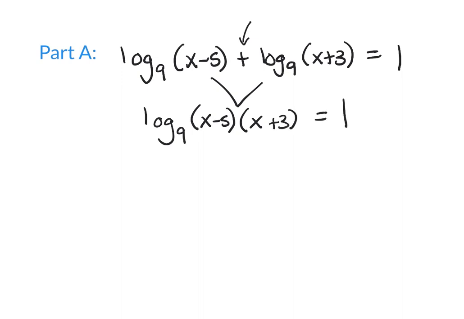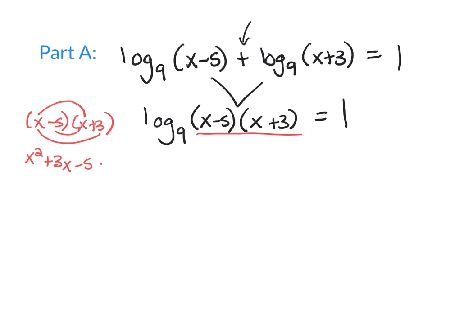All right, so what comes to your brain when you see this? You should think FOIL. So I'm just off to the side writing x minus 5 times x plus 3. If I'm going to multiply those, I've got my first x squared, outside 3x, inside negative 5x, last negative 15. And then combine like terms, x squared minus 2x minus 15.